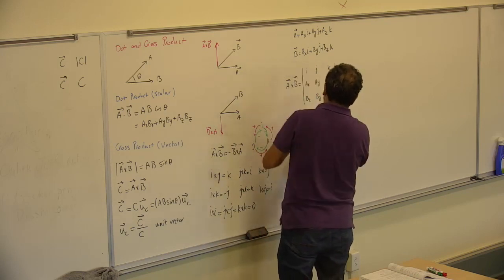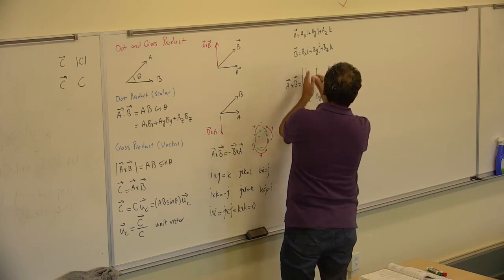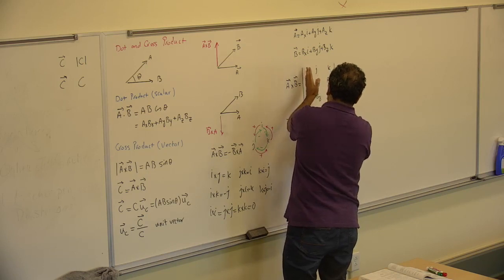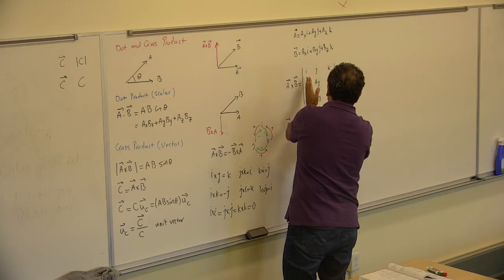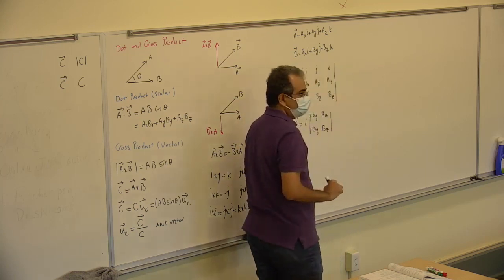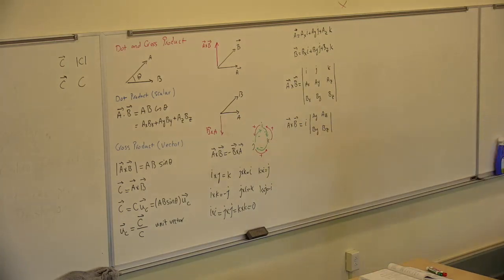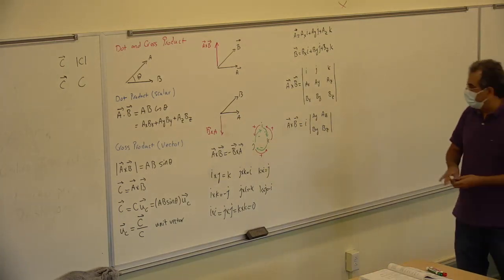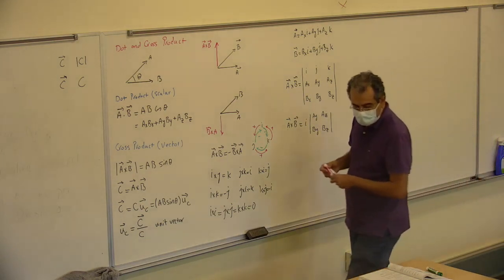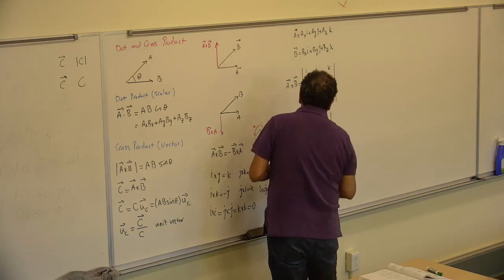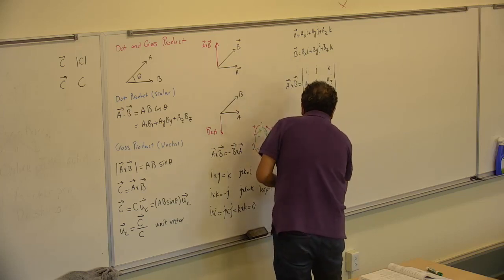So for i, eliminate the row and column that has the i and write the rest: AY, AZ, BY, BZ. The next one, in the determinant, remember that we alternate plus, minus. If the first is plus, the second is minus, so it's minus j.